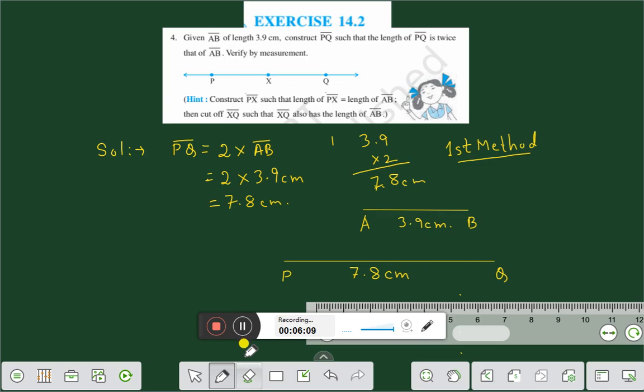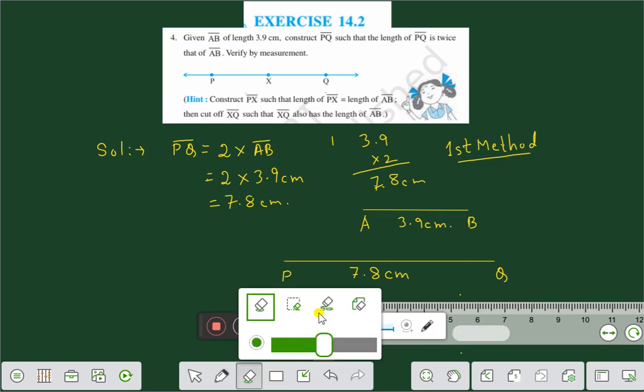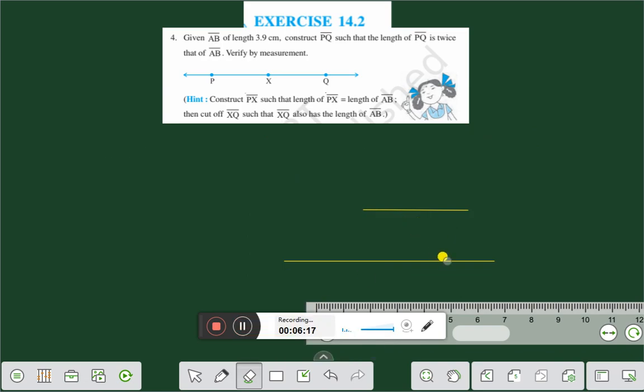You can also use the second method. In the second method, you have to draw a line PQ.